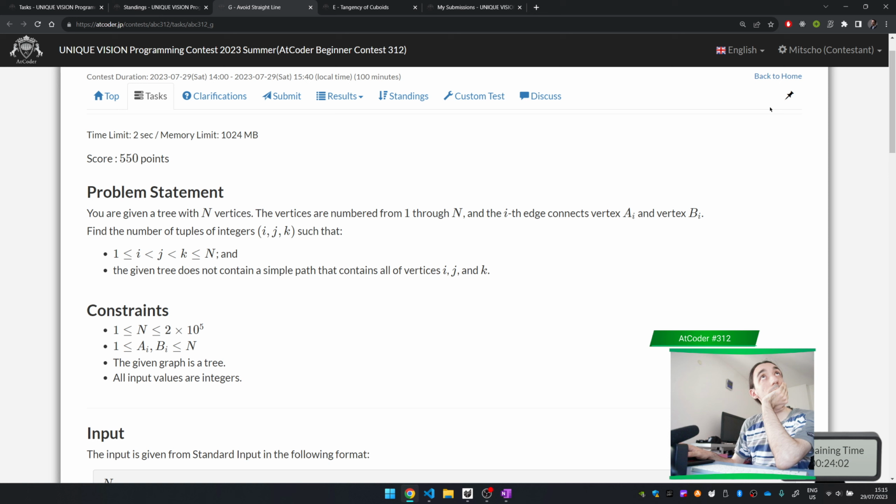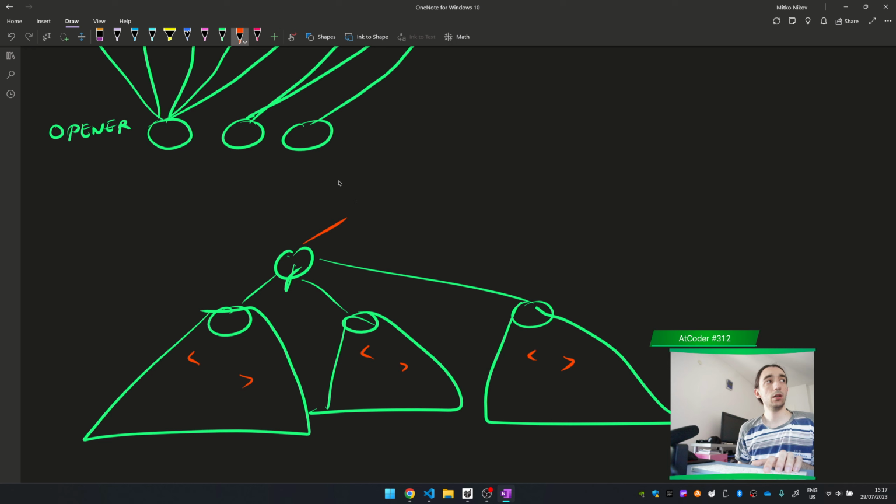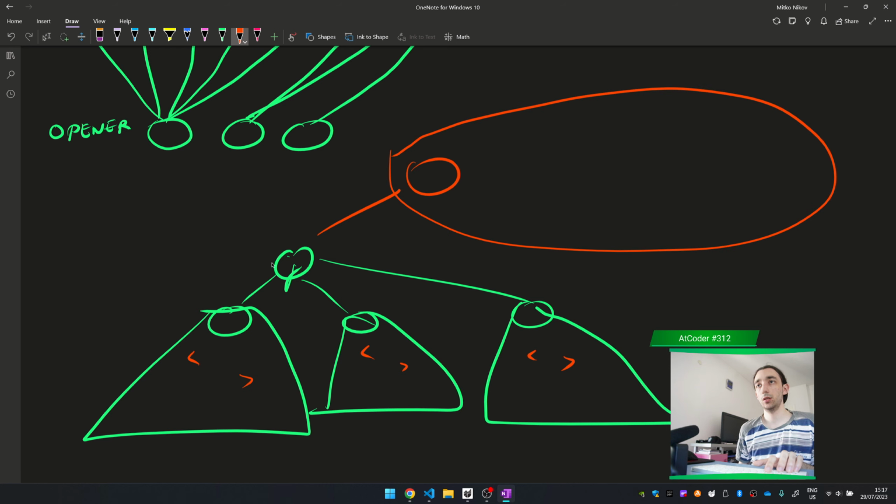So if j is here, I need in this subtree and in this subtree and in this subtree to find how many there are smaller numbers than j, how many are there bigger numbers than j in these subtrees, and then I need to find also in the parent subtree smaller numbers and bigger numbers than j.